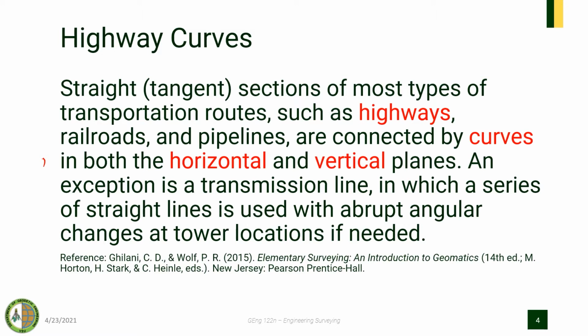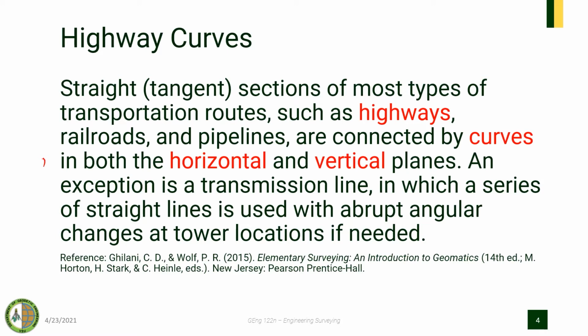An exception is a transmission line, which is formed by a series of straight lines. They cannot form a curve unless a shorter distance between the towers is erected. So those are the differences between the curves and the transmission line.